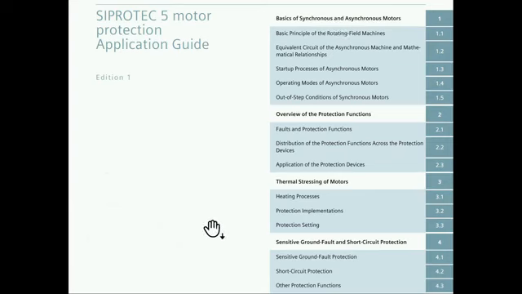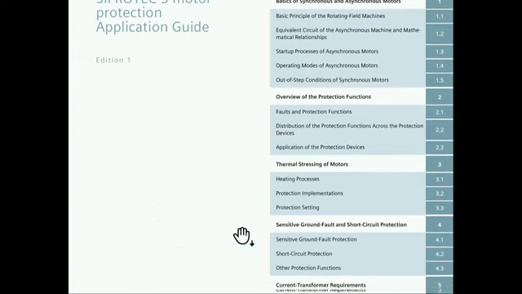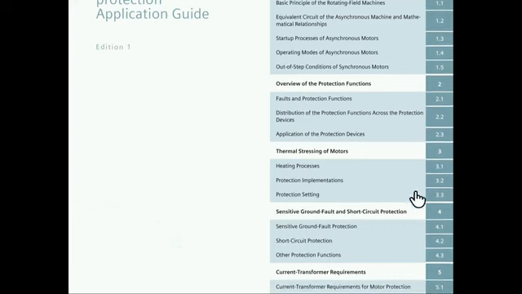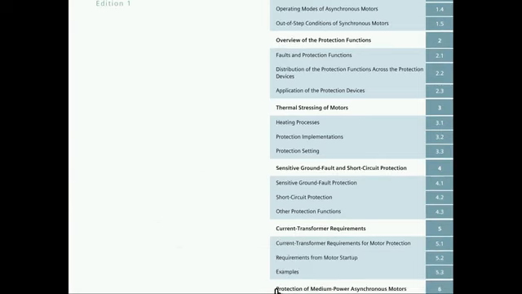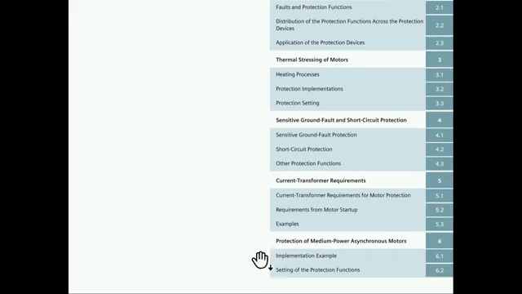Basically, we have 83 pages of motor protection examples and explanations: the basics of synchronous and asynchronous motors, an overview of the protection functions, the thermal discussion, thermal stressing of motors, then a special chapter for sensitive ground fault protection, which I did not treat in these two tutorial sessions, current transformer requirements, and then two or three setting examples I showed on these slides.